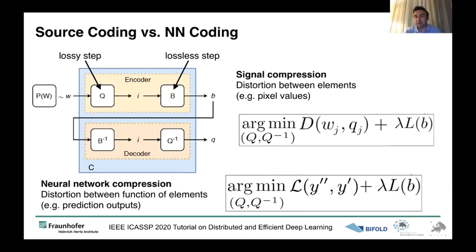So we want to measure the distortion not with respect to the neural network weights, but with respect to the outputs of the neural networks, the predictions. So this is a slightly different problem, but it also looks like a rate distortion problem. And also here we can assume that as before, we don't optimize over both the lossy and lossless part, but we fix the lossless part and just try to find a good quantizer.